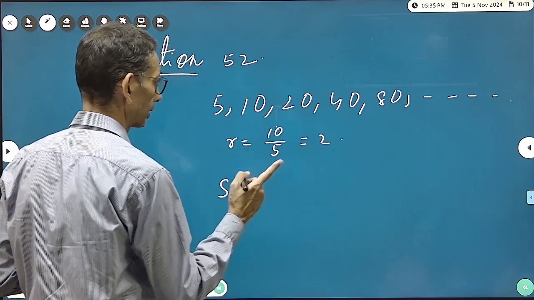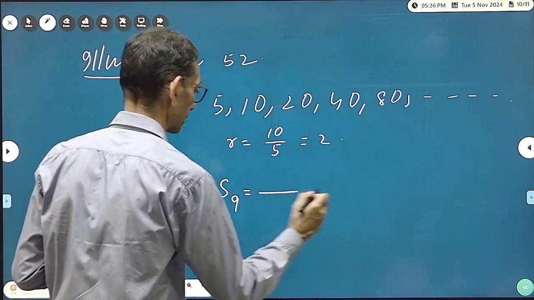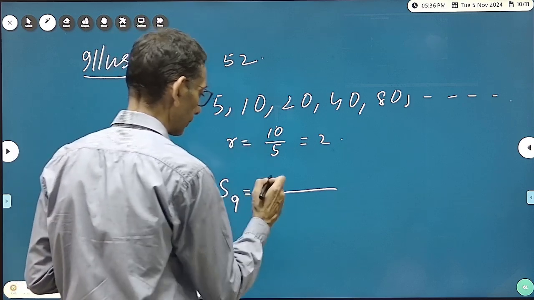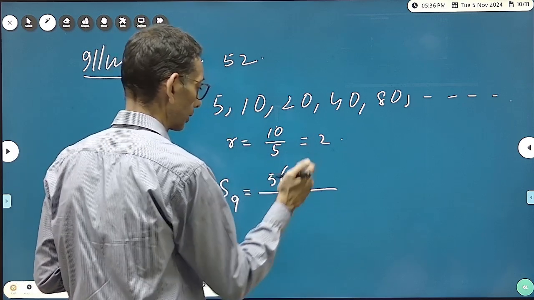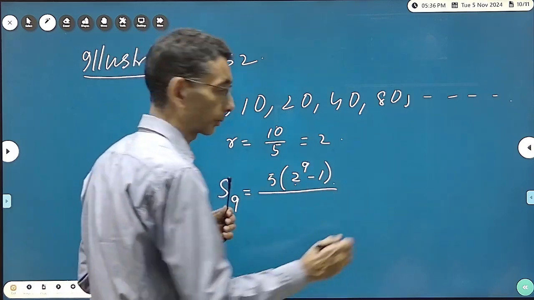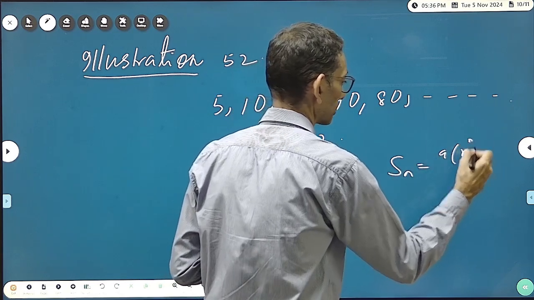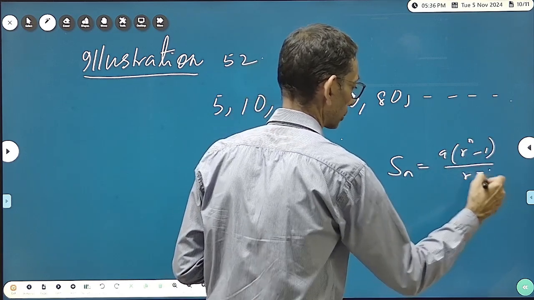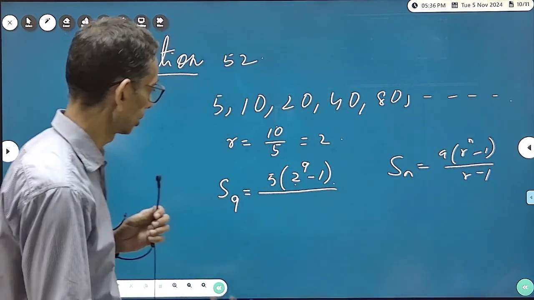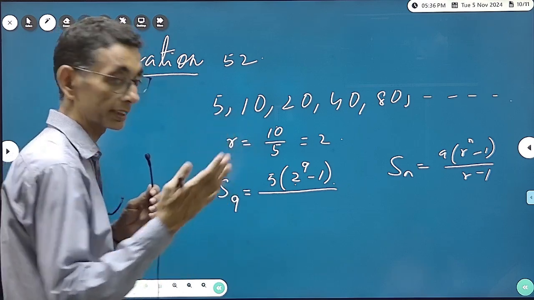So we need S9, the sum of 9 terms. The formula is Sn equal to A into R to the power n minus 1 divided by R minus 1. Here A is 5, R is 2, and n is 9, since you are adding 9 terms.